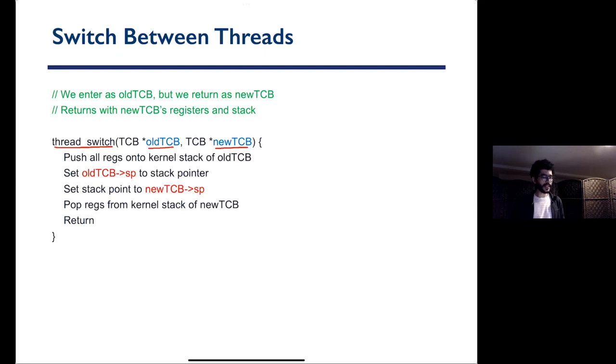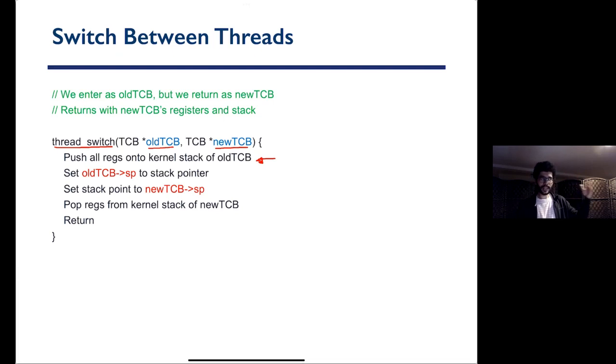Now let's look at all the steps in this function. The first step is to push all the registers on the kernel stack of old TCB. So let's copy the state of this old TCB. Now that I want to context switch, I'm going to copy everything, right?